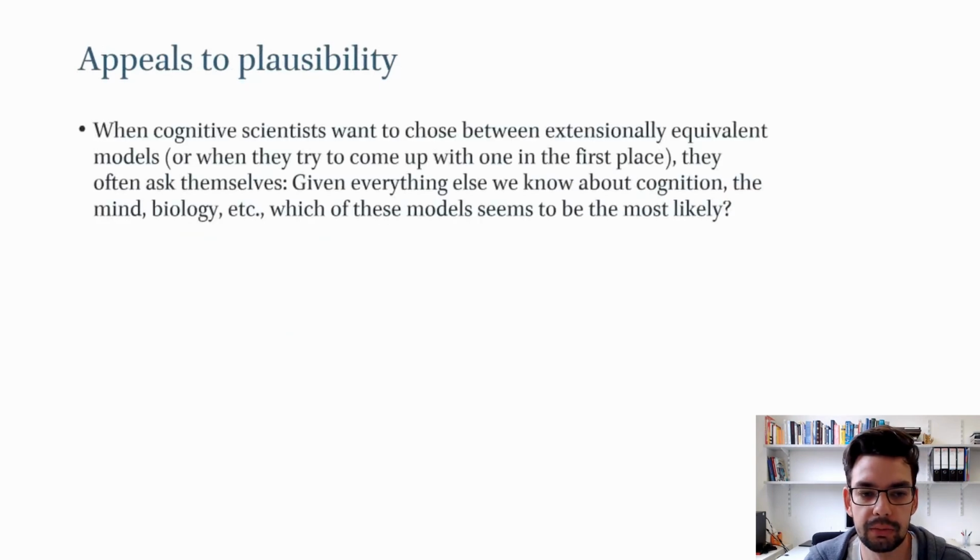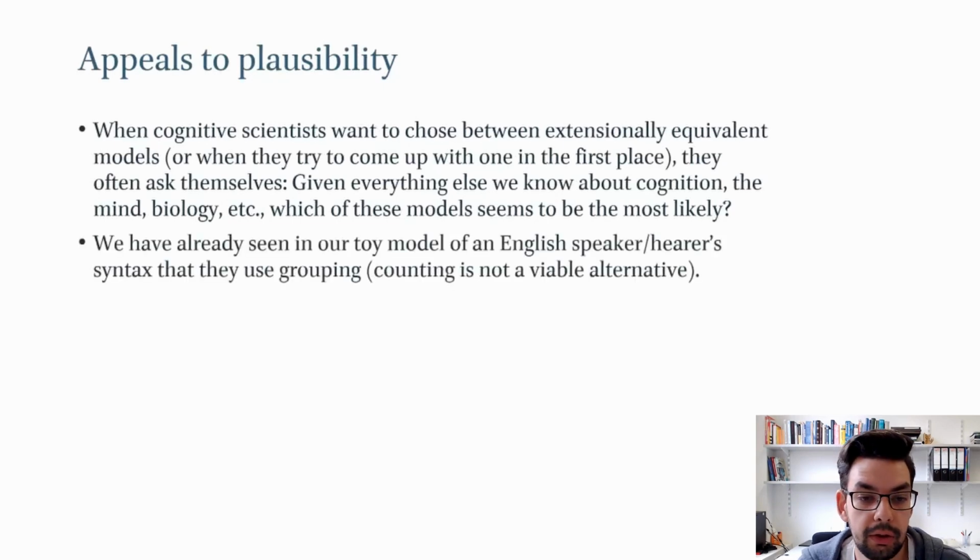When a cognitive scientist wants to choose between two extensionally equivalent or nearly extensionally equivalent models, or perhaps they're trying to come up with a new model in the first place, they often ask themselves whether, given everything else that we know about cognition, about the mind, about the biologically determined part, including neurology and other biological factors, factors around in the world, and so on, one of those models seems more plausible or more likely than the others. Perhaps because it's more consistent with all these other facts that we know about.